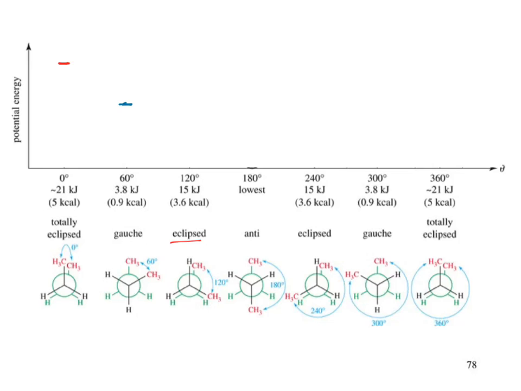What's the difference between carbon and hydrogen? Carbon has more electrons. So I would expect that to be higher in energy than the gauche, but not as high in energy as the other one. How about the next rotation? That should now be lower in energy than the eclipse. Should it be lower in energy than the gauche? Yes. Next one.